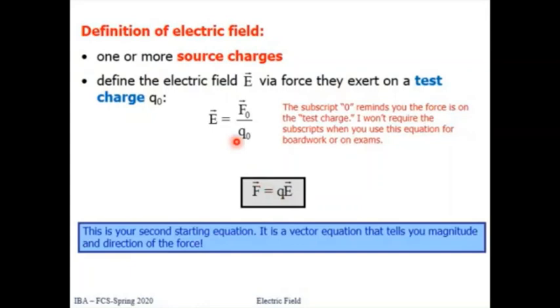The force can also be determined through Coulomb's law. If you know the charges and the distance between them, then we can find the force by using simple Coulomb's law, as we have studied before. And if you know the electrostatic field, then we can use this equation to find the force.